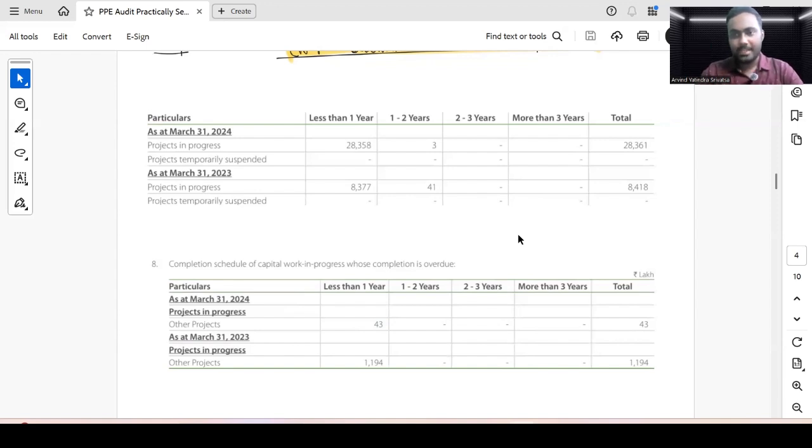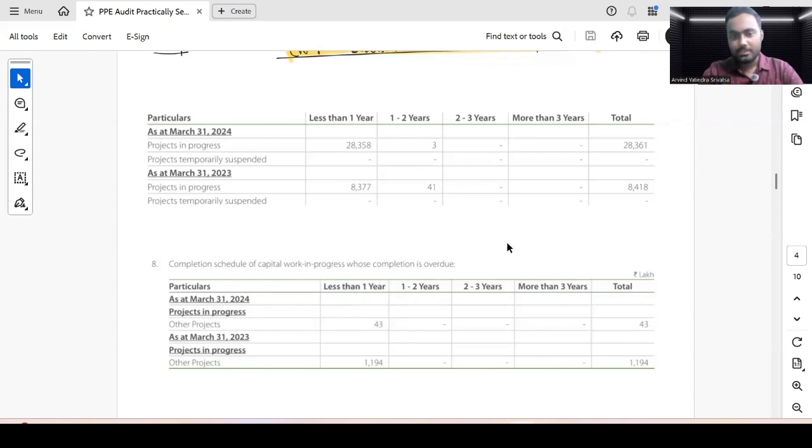Let's say the client probably expected to complete the project in July 2023, but the project is still outstanding as at March 31, 2024, and is still coming in your CWIP. It means that there is a delay of around 7 or 8 months or 9 months, right? So in such a scenario, there is a delay of less than 1 year.